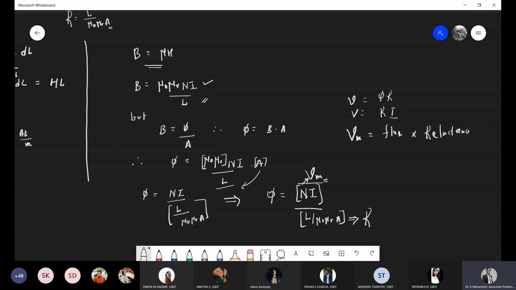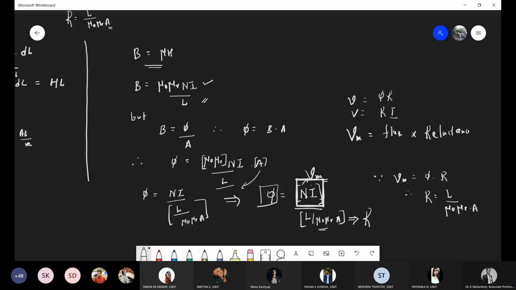This is a term related to the magnetomotive force, and this is a term equal to flux, and now flux and magnetomotive force are related in terms of reluctance. How? Because Vm is equal to phi into R. Therefore, R, that is reluctance, is equal to L over mu naught mu R into A. This is in ampere turns per Weber.